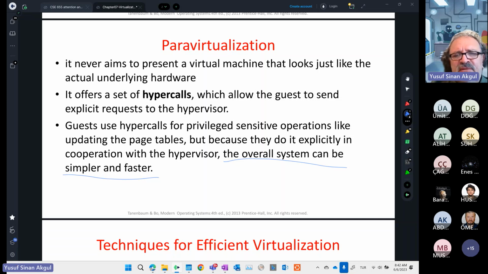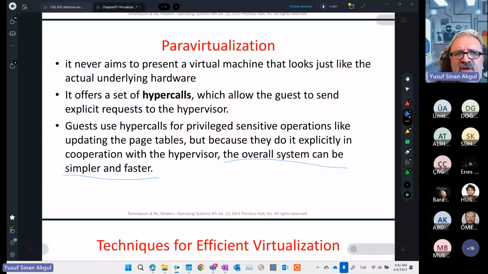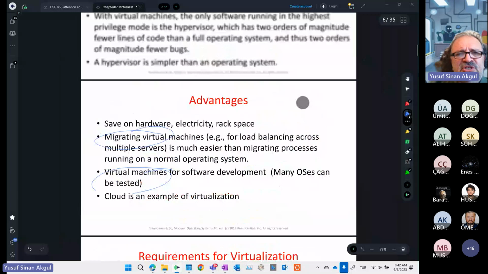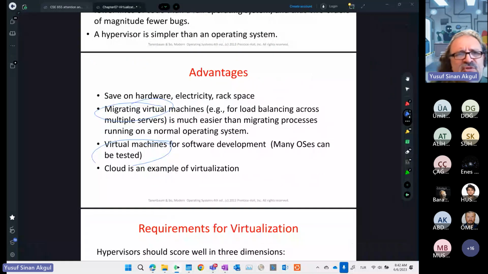In virtualization, the guest operating system doesn't know that it is running in a virtual environment. Yeah, that's true, but the advantages of whole virtualization come with para-virtualization too.